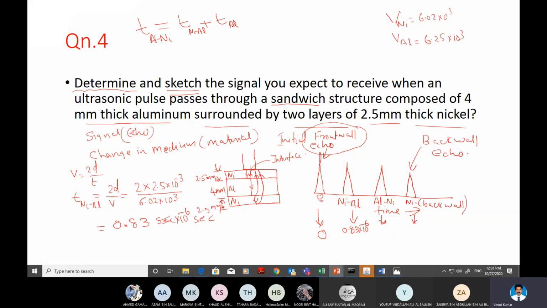Is that clear? So the time required to get a signal from the aluminium nickel interface, that means from here, is equal to the time required through nickel plus the time required through aluminium. Even if you want, I can remove the aluminium here and put nickel. That is better, right?